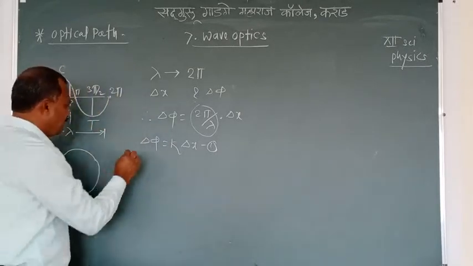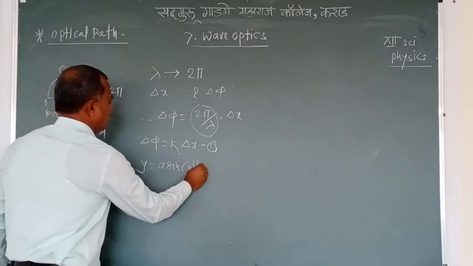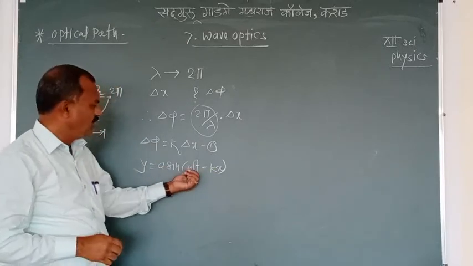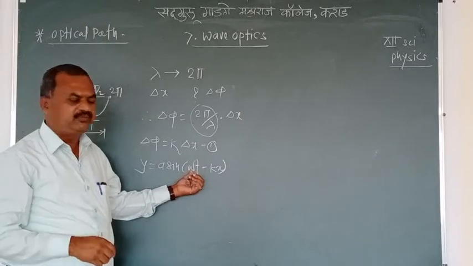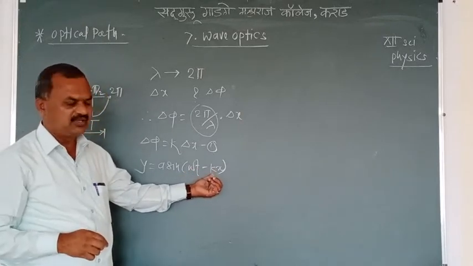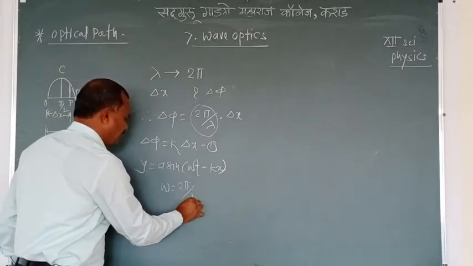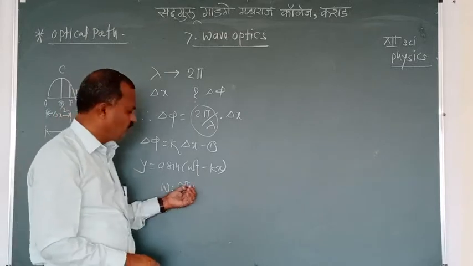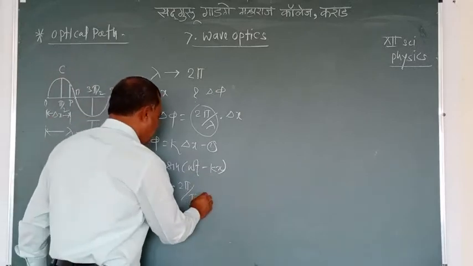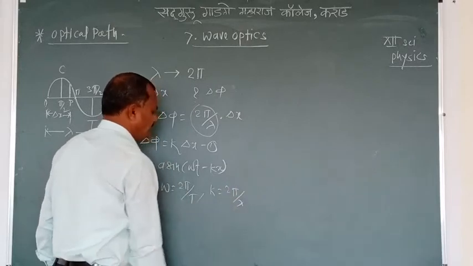The displacement of that wave is given by the formula y equal to a sin(omega t minus kx), where a is the amplitude of that wave, omega is the angular frequency of that wave, and k is the propagation constant. The angular frequency omega equals 2π divided by T, where T is the period of that wave, and the propagation constant k equals 2π divided by lambda.